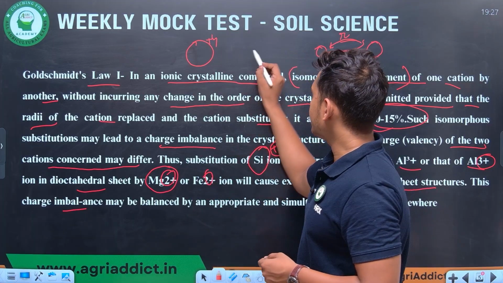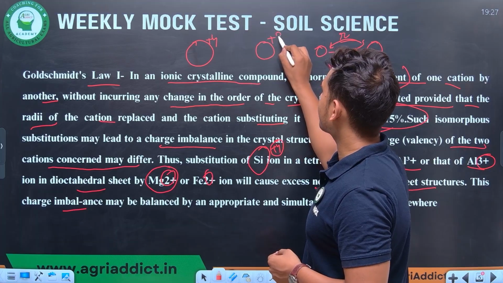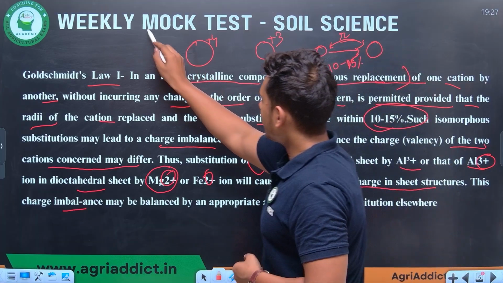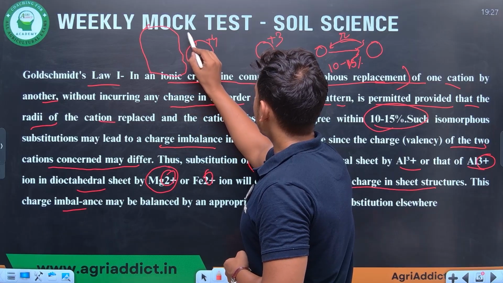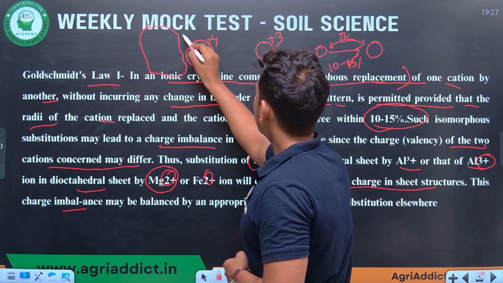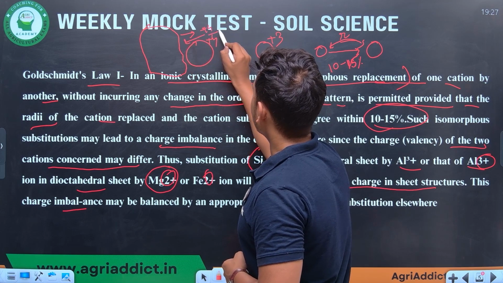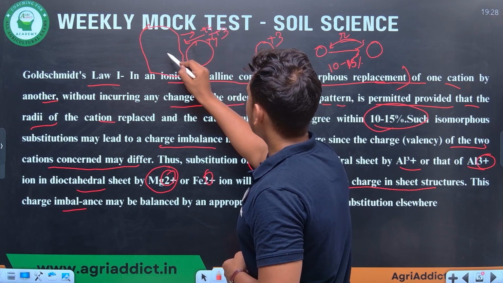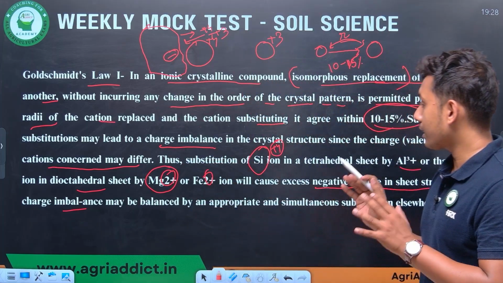Whenever we substitute this with a lower valent cation, suppose +3, then in the total crystal there will be a negative charge. How? Removal of +4 and entering of +3 leaves one excess negative charge in the crystalline.